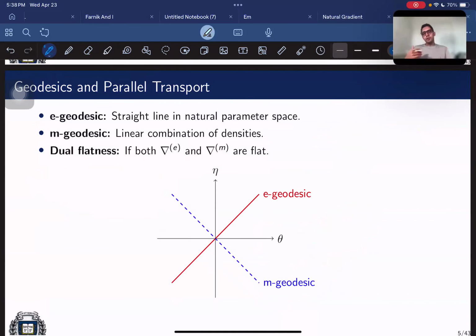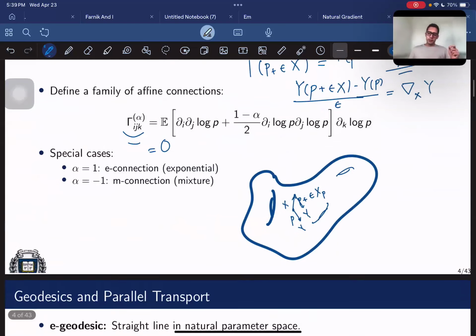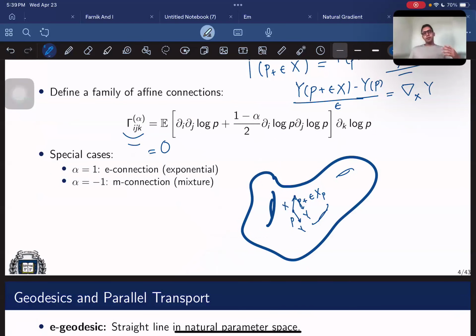And also we found a dual connection, which made the space dually flat, which was the mixture geodesics. If we talk about the mixture of Gaussians, they are flat in the sense that if you take the alpha equals -1 connection between those sets of probability distributions, the geodesics would simply become lines.